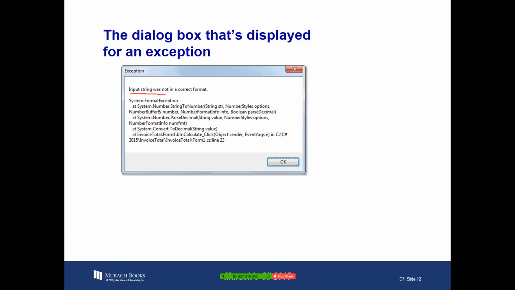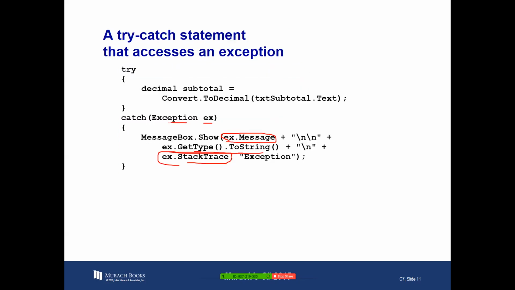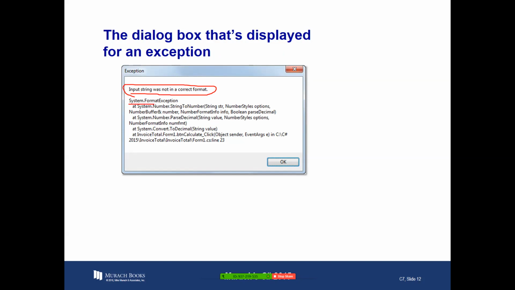So this is the message. This is the GetType. This is the type. It's a format exception. And then this right here is the stack trace. And so what this is saying is that the thing that actually caused the exception to occur was you were trying to convert a string to a number.